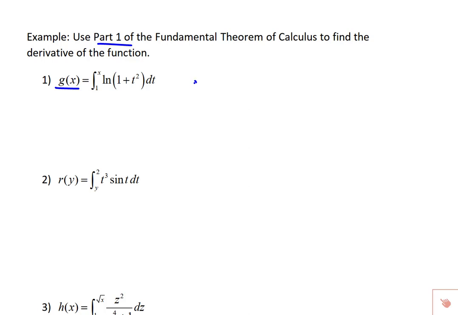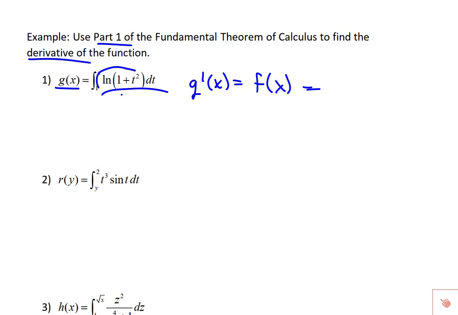In so doing, we can utilize everything we've talked about to say that g prime of x, which by the way is what we're trying to find here, the derivative of the function, right? Our function is g, our derivative then would be g prime. Well, what we just concluded in this demonstration of the part 1 FTC is that g prime of x is going to be f of x, which would simply be rewriting the function in this integrand, but with an x as its variable.